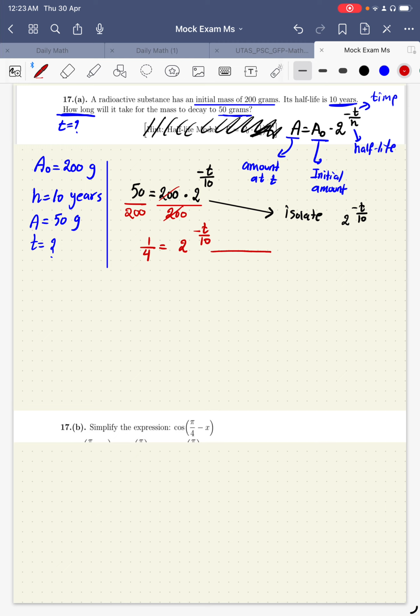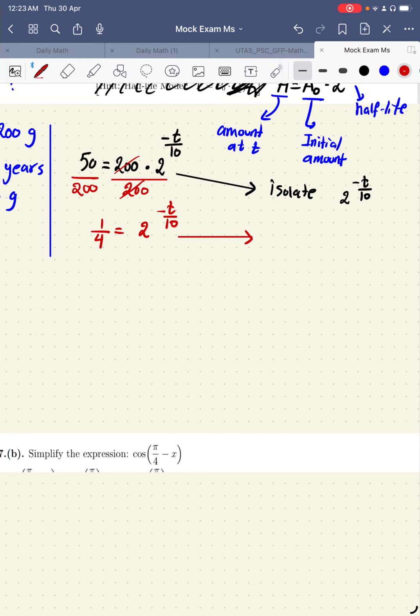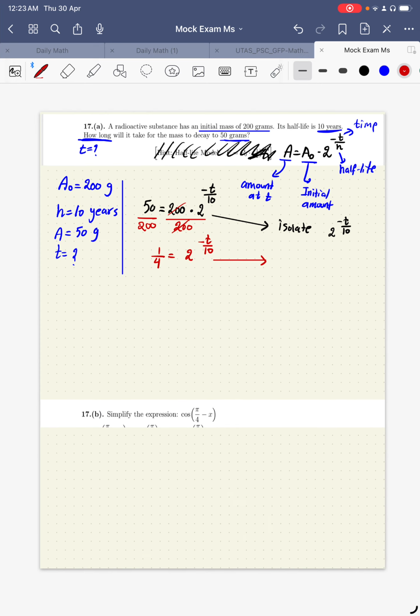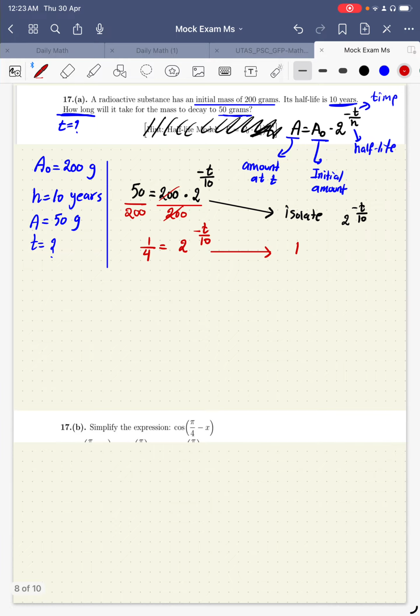Now I should remember a very good property of logarithms. If I have the natural log of x to the power a, to any number to some power, I can always do what? I can bring the power down, right? So I'm gonna have a ln of x.